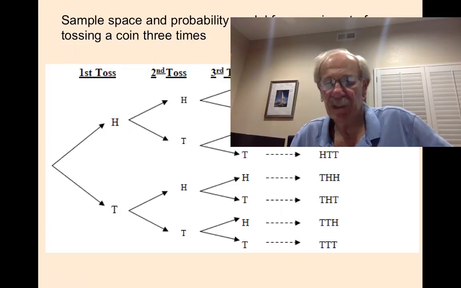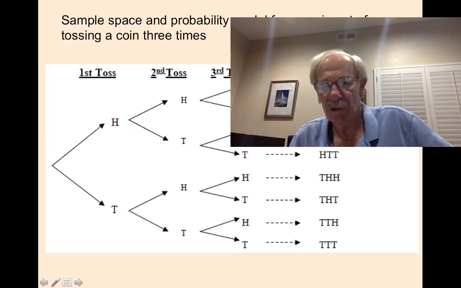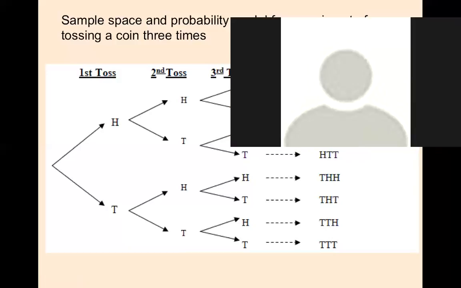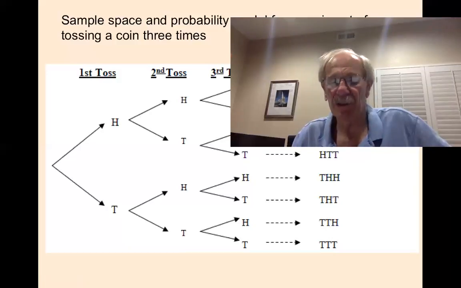So I need to calculate the probability for each one of those. I take the probability of this one, which would be this times that times that, and then the probability of this one and the probability of this one, and add those 3 numbers together. And it's adding them together?